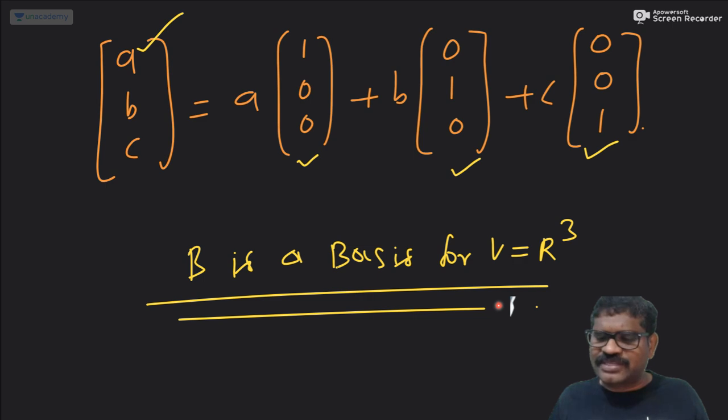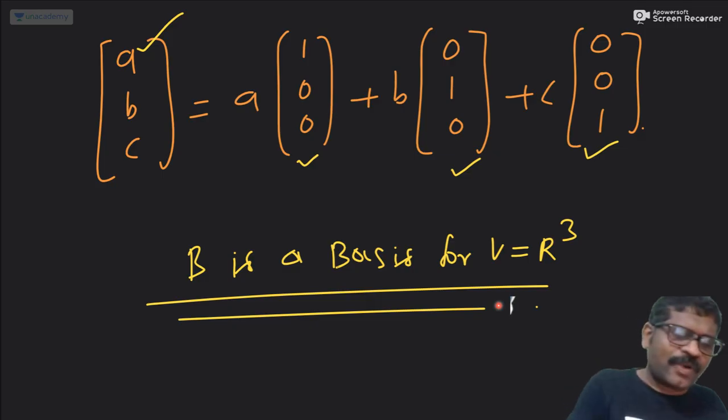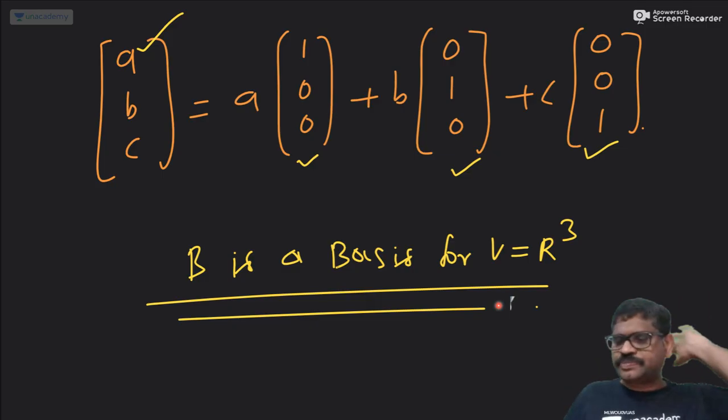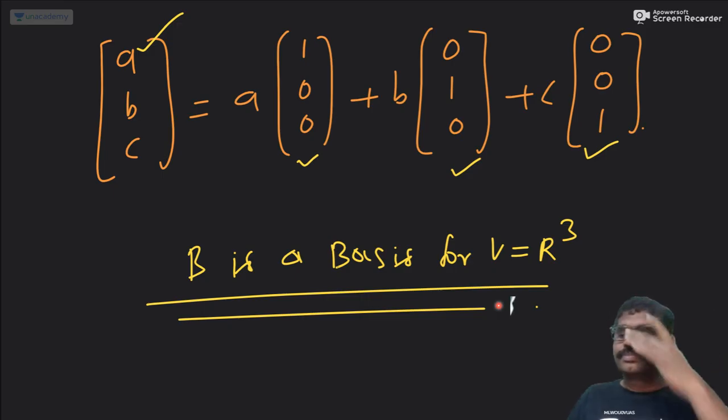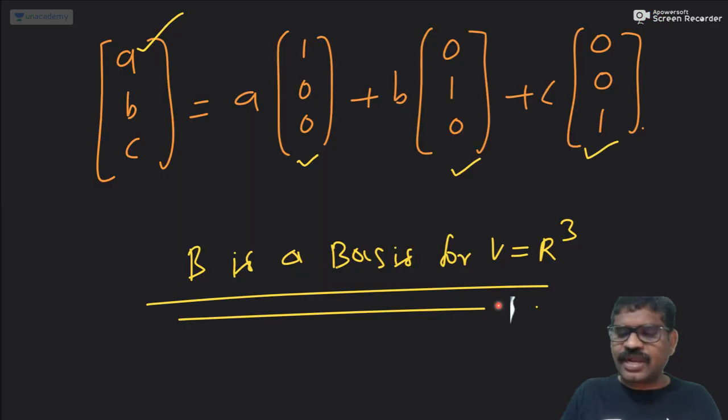Finite element methods completely depend on this concept only. N-dimensional is an imagination concept. Okay? Understood?